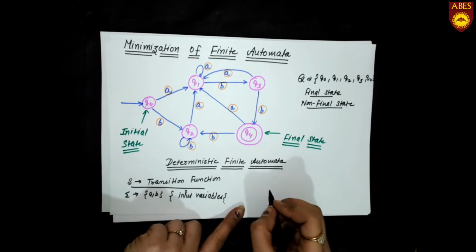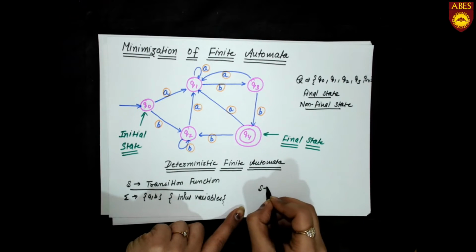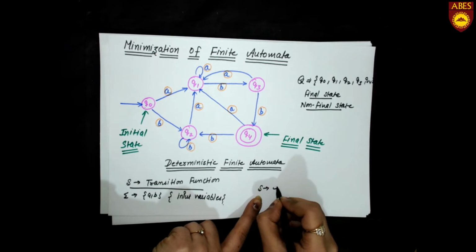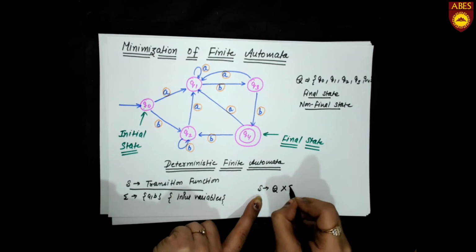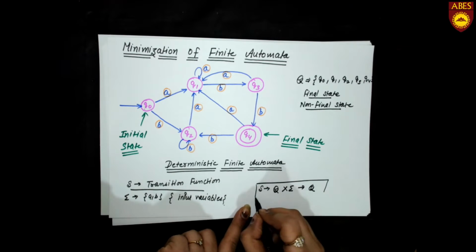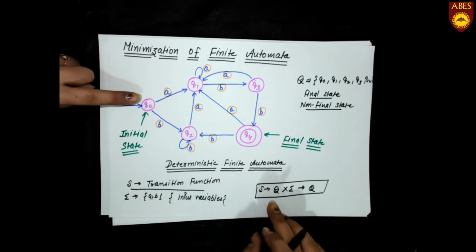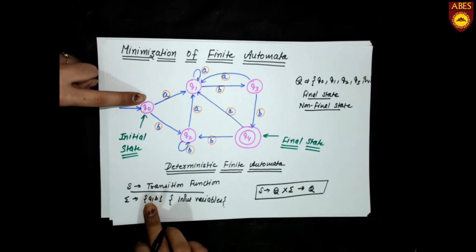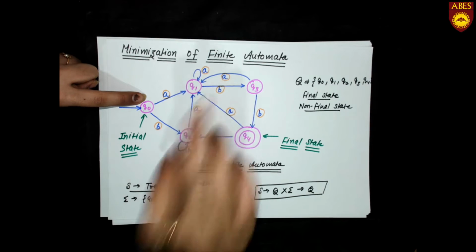Now I will explain what delta is. This is Q, this is input, and this is again Q. What does it mean? When we apply any input variable to a state, then another state comes as output.